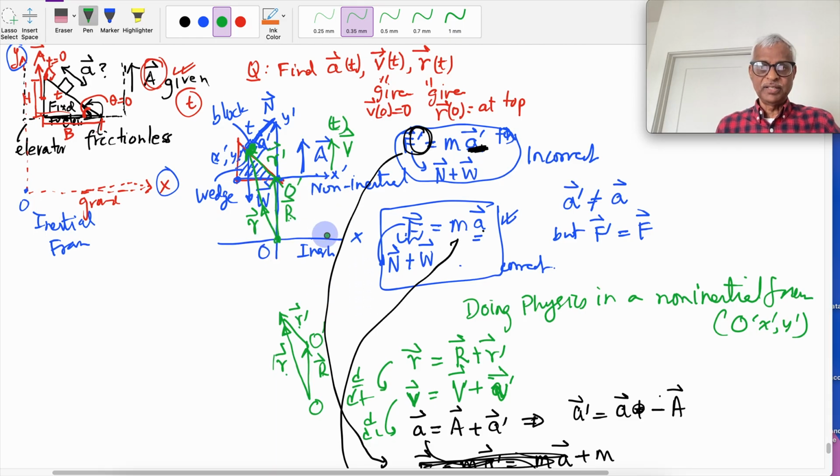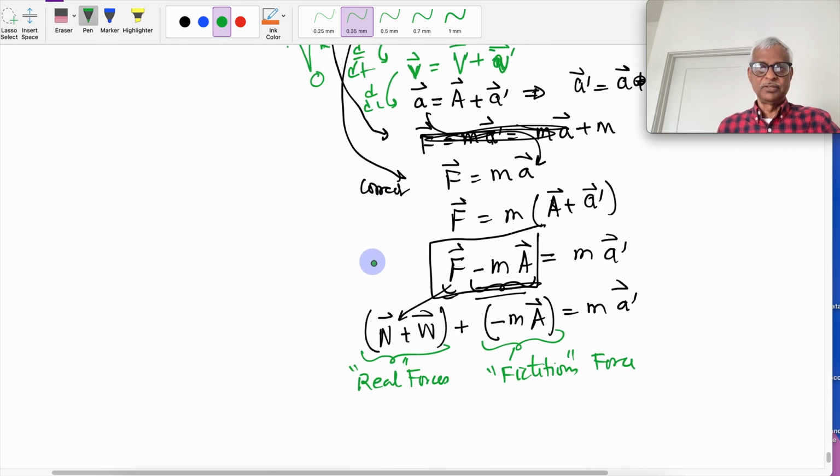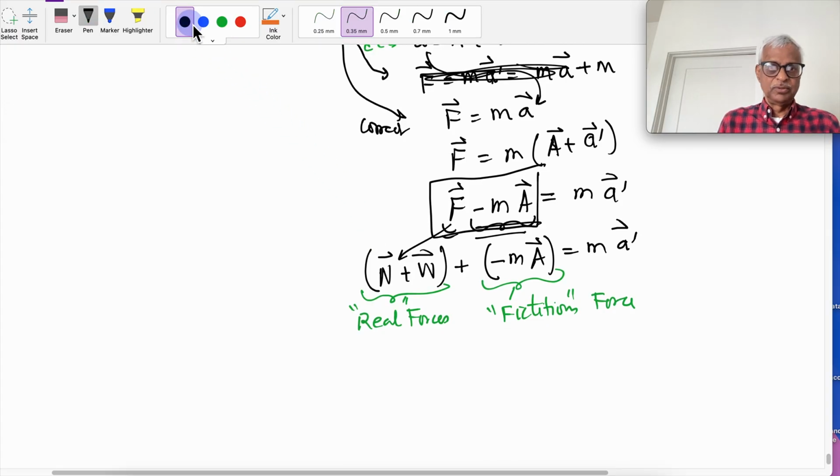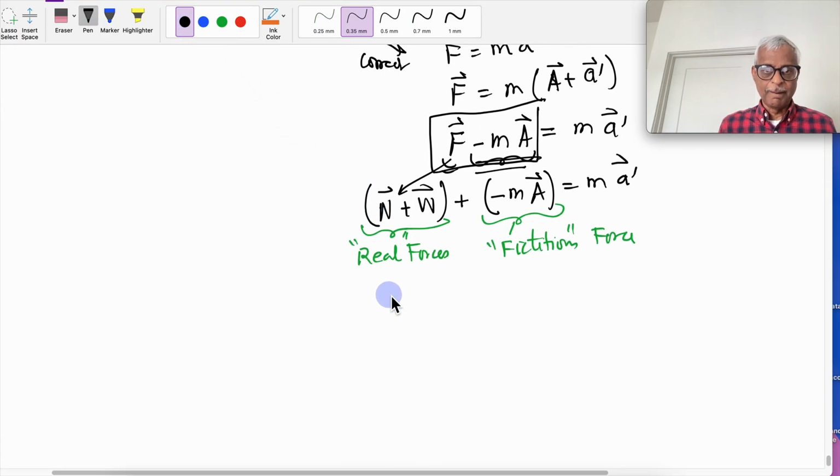In our case here, we just need the x and y components. So in our case, let's do O prime, y prime.